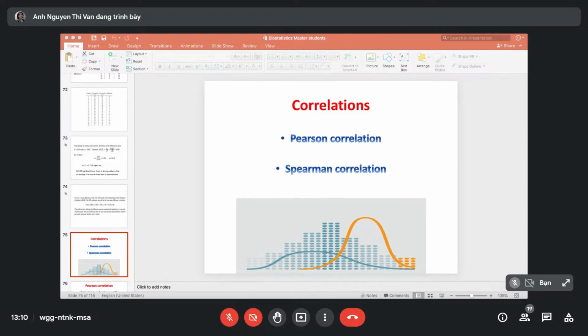Nguyễn Hà Nhung. Is negative, then when we say there is a negative correlation between variables, what does negative mean here?